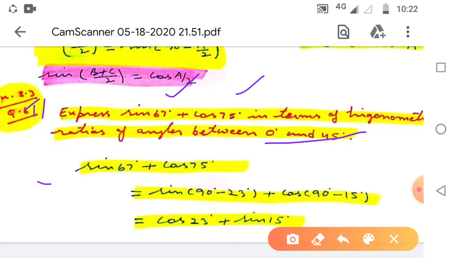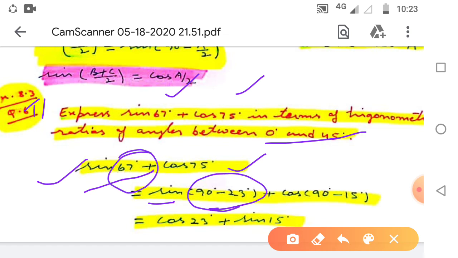So this is sin 67 plus cos 75. Here we write sin(90 minus 23). It means instead of writing 67, we are writing in terms of 90, that is 90 minus 23. And instead of writing this 75, we write 90 minus 15.